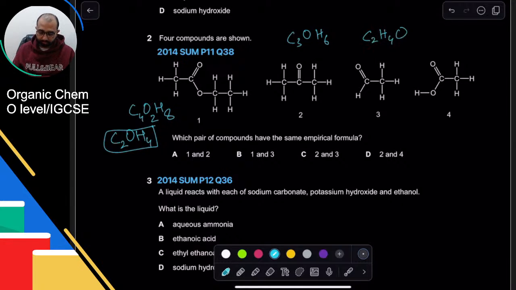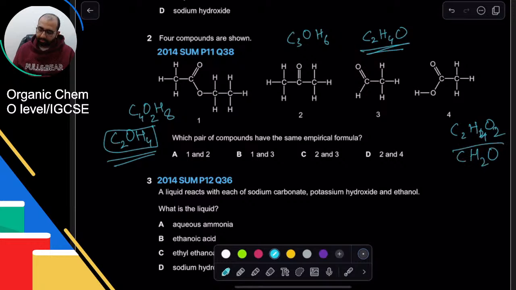C2H4O. Okay, so you can see that already we have 1 and 3 matching. And this one is C2H4O2. So this is CH2O, empirical formula. So this is different. So clearly 1 and 3 are matching. You can see over here. So 1 and 3. B.